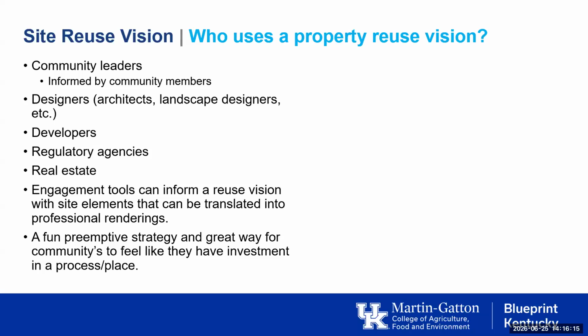Regulatory agencies as well: as you're moving through cleanup and redeveloping, and you're dealing with all the different levels, maybe the Department of Transportation or Department of Highways or forestry, or even a higher level like EPA, having the reuse vision, your site reuse assessment, and your cleanup strategies all aligned will be really helpful to not hit any snags along the way.